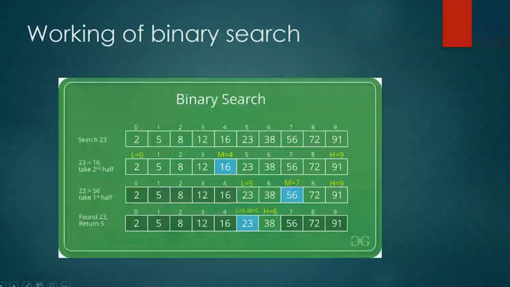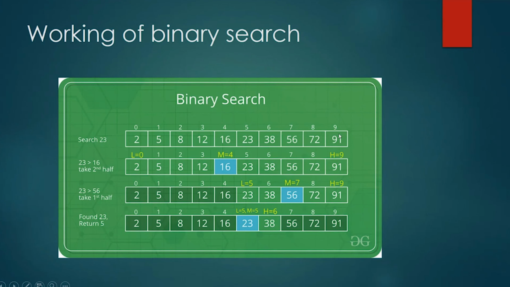So let's understand the working of binary search. Let's say we are given sorted data 2, 5, 8, 12, 15, and so on. We have to find 23 in this array. So what we will do, we will calculate the middle index of this array.